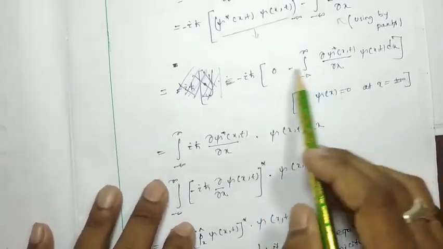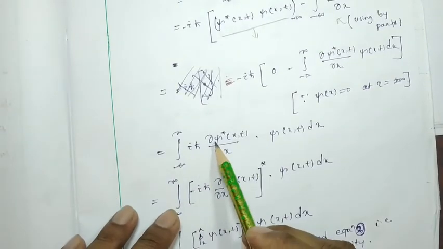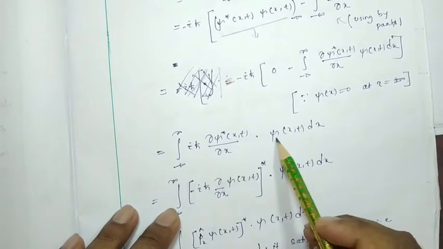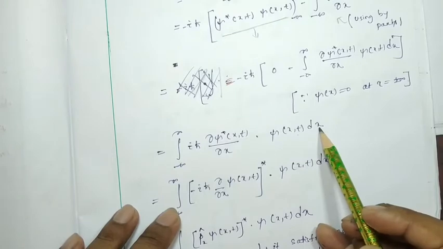Now this will be i h cross del psi star (x,t) by del x psi (x,t) dx.